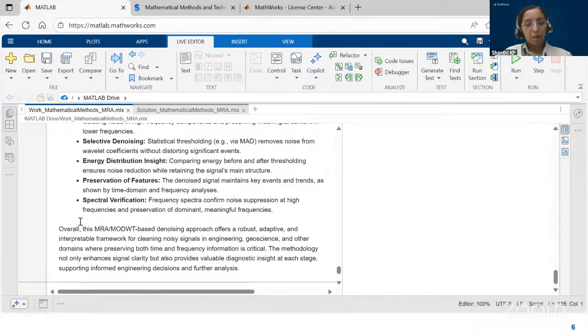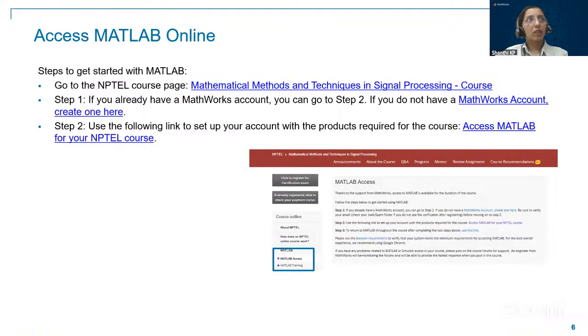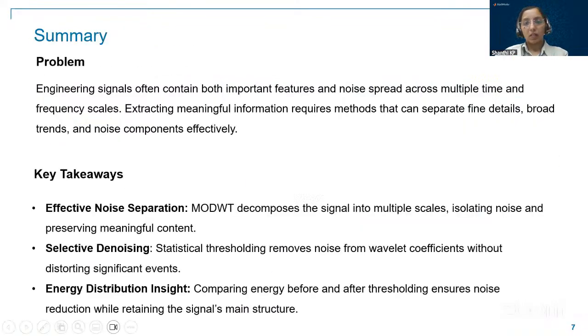So to sum up what we have done in today's session, our objective was to remove noise from a signal without losing the important features, given the noise and signal are spread across multiple scales. And these were our observations.